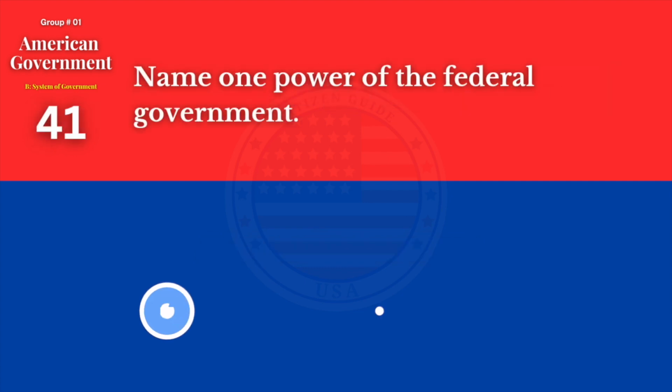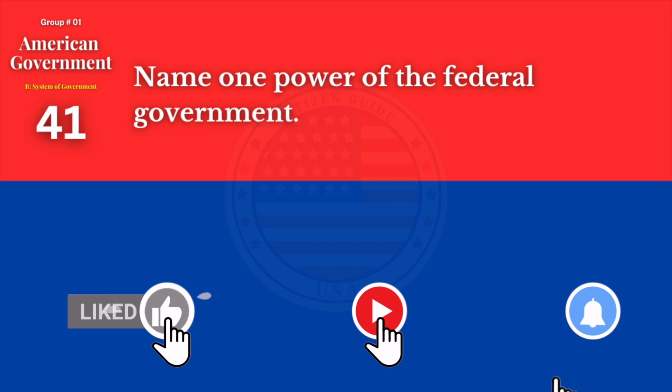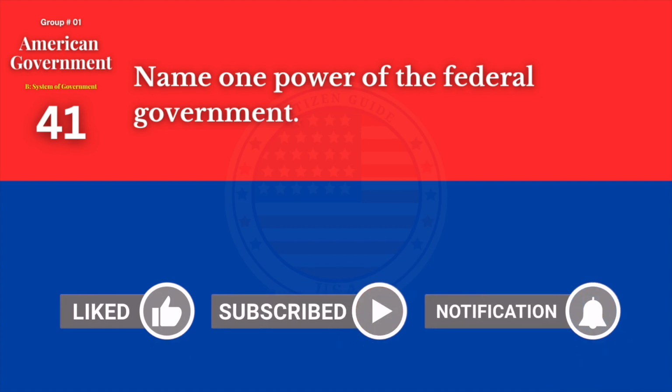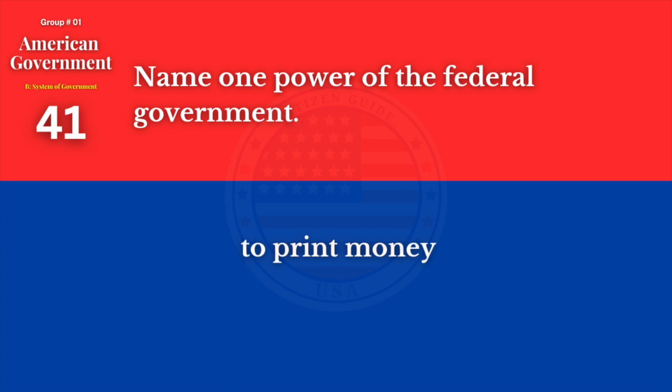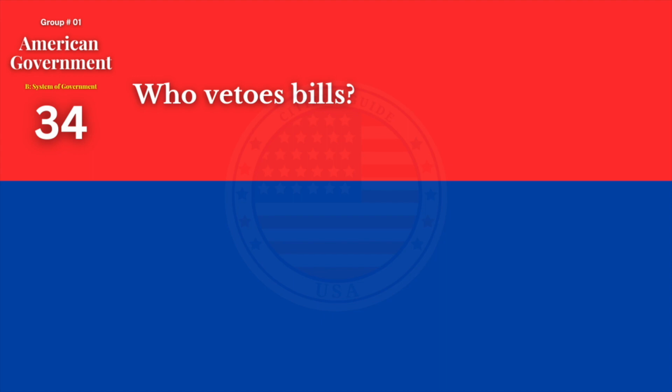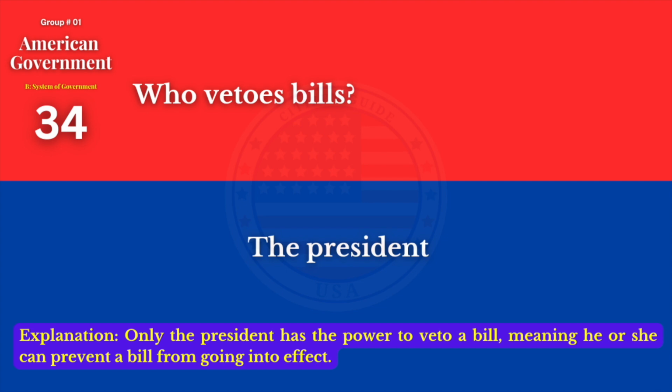Name one power of the federal government. To print money. Who vetoes bills? The President.